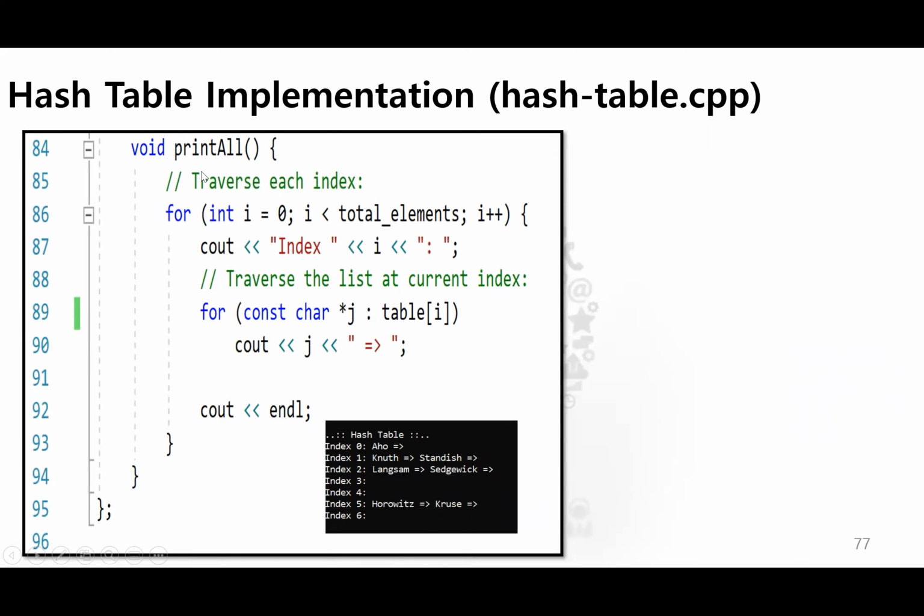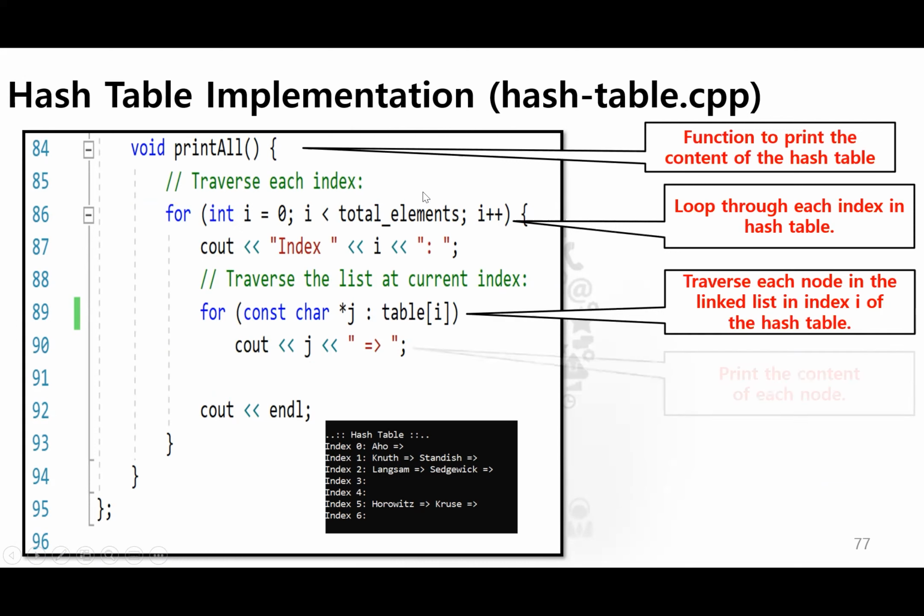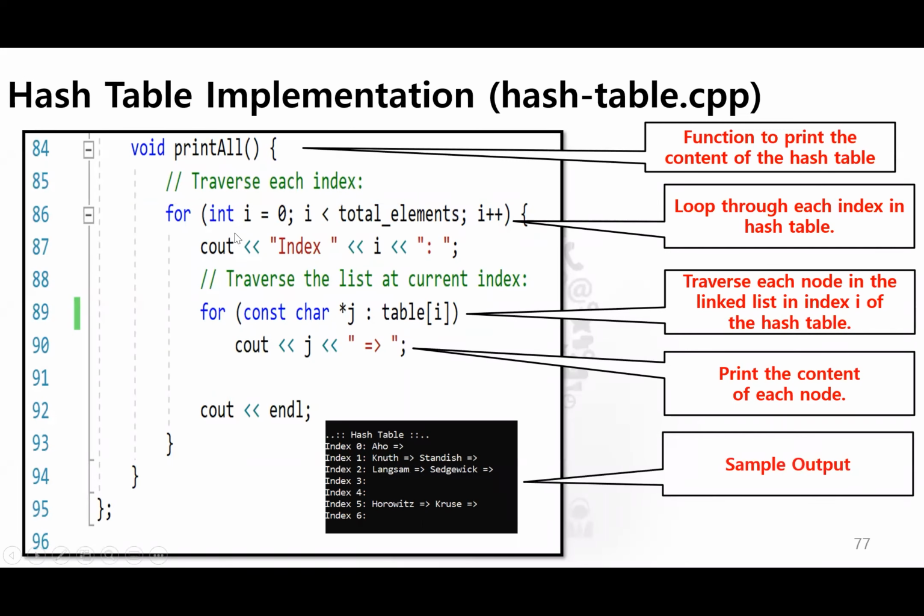Then I have another function called print all to help me print the content of my hash table so that I can see what I have in my hash table. This is how I do it. I have one for loop here to go through every index in the hash table. It depends on how many indexes I have, the total elements, right?